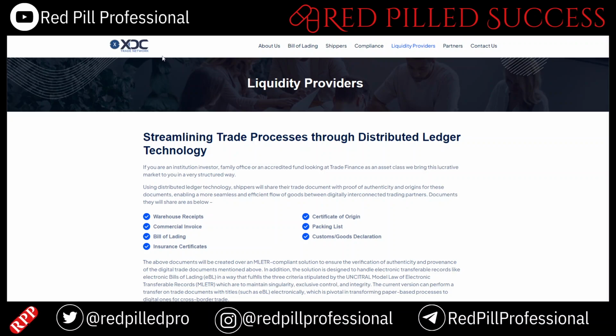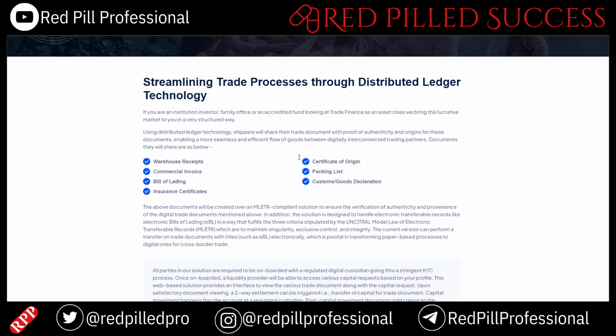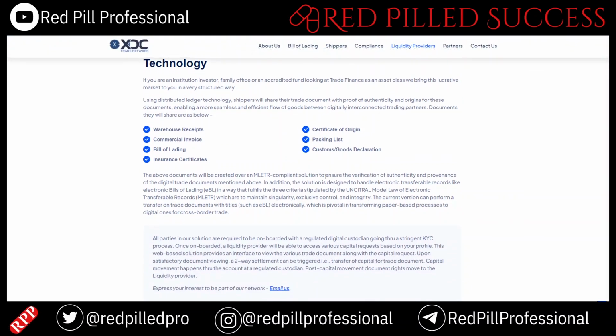On the XDC Trade Network site, there is a liquidity providers part of their site that talks about institutional investors, family office, or an accredited fund interested in trade finance. They have this part of that market taken care of.